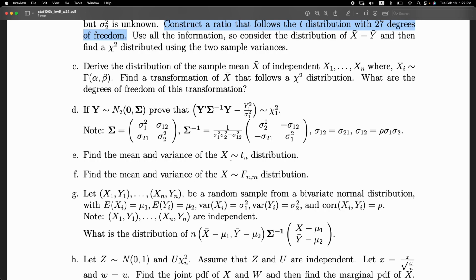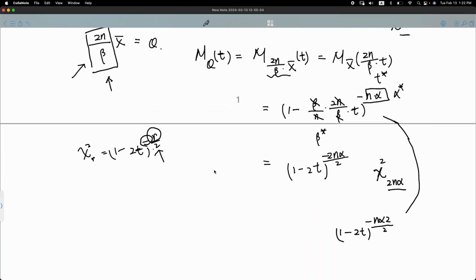So we just have a t distribution with degree of freedom n, and we need to find its mean and variance. Question E: we are interested in a random variable x and the variance of x, where x follows a t distribution with degree of freedom n. We can solve this by using the definition of the t distribution.